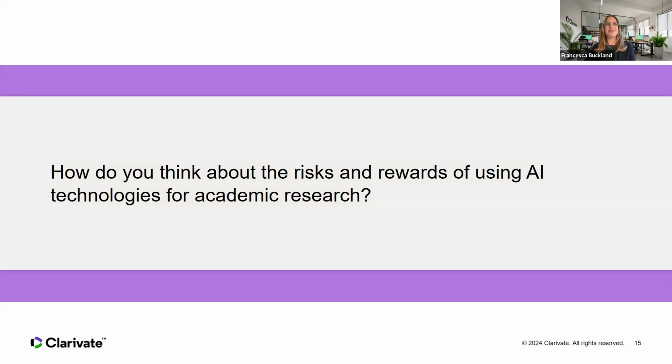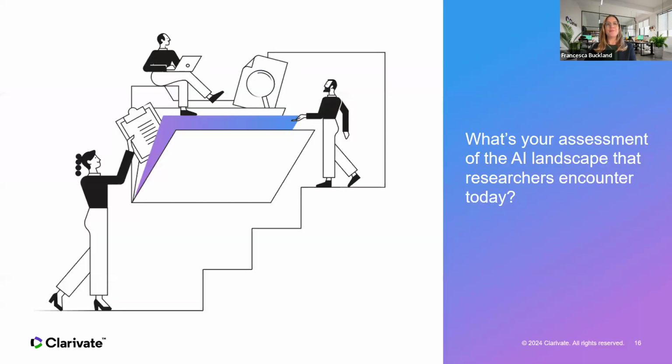Great, thank you so much. And what's your assessment of the AI landscape that researchers are encountering today? I think a lot of what researchers are encountering with AI really falls on credibility and ethics, as well as data security and privacy.